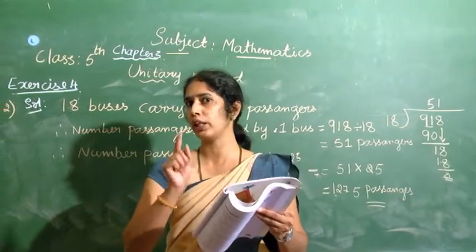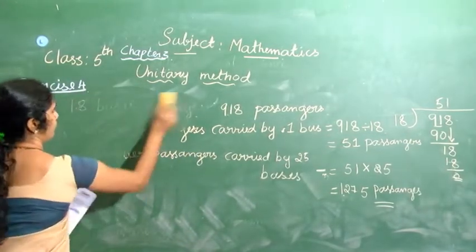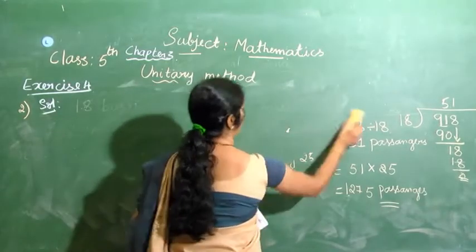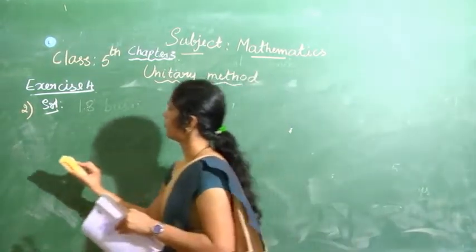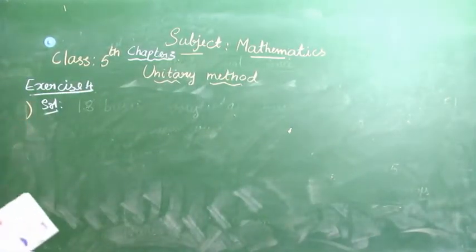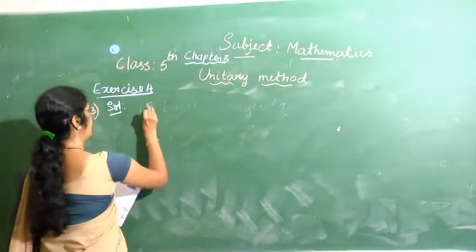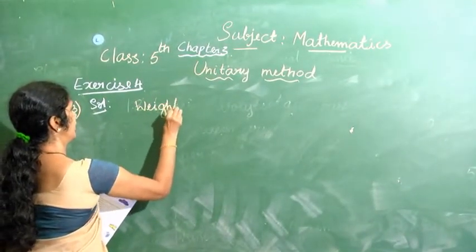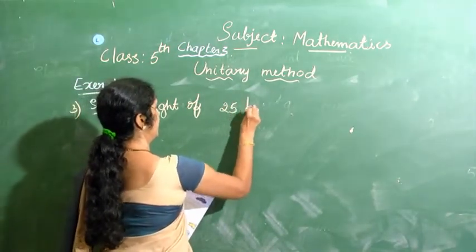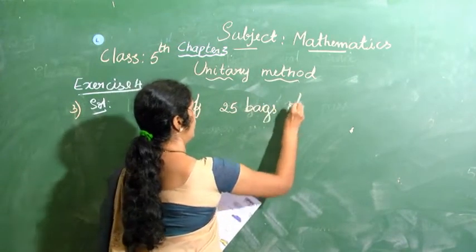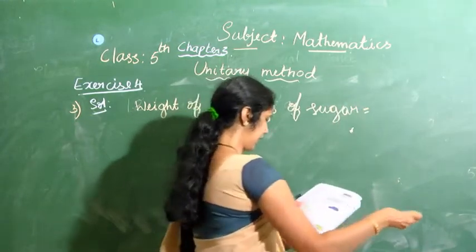Then, we will find out the weight of 15 bags. 25 bags of sugar equal 725 kg.